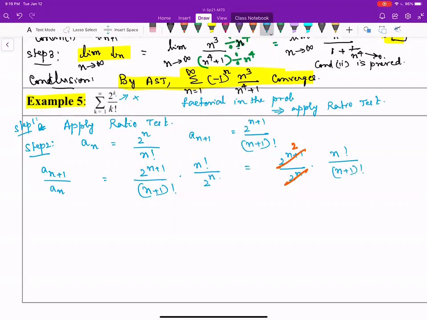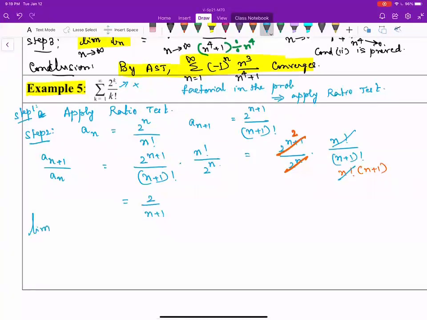Then writing n plus 1 factorial as n factorial times n plus 1, which is a trick we normally do, n factorial cancels out. So you are left with numerator 2, denominator just n plus 1.